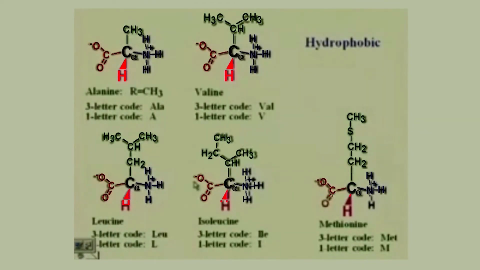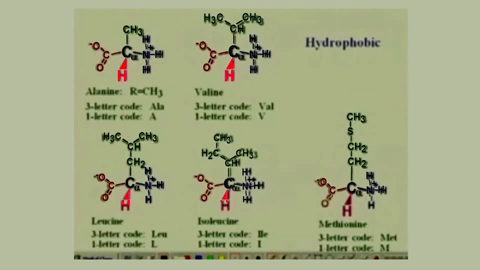If we go to the next group of amino acids, we consider now hydrophobic amino acids. Now, what are hydrophobic amino acids? Hydrophobic amino acids are those amino acids that are comprised mostly of carbon atoms and hydrogen atoms in their side chains.